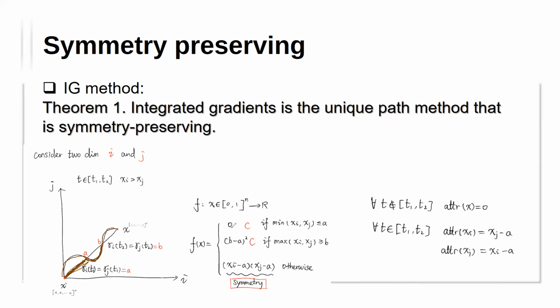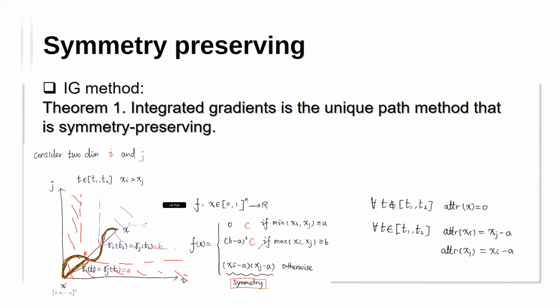And if the maximum of xi and xj is larger than b, they appear in this region, and the output is also a constant.